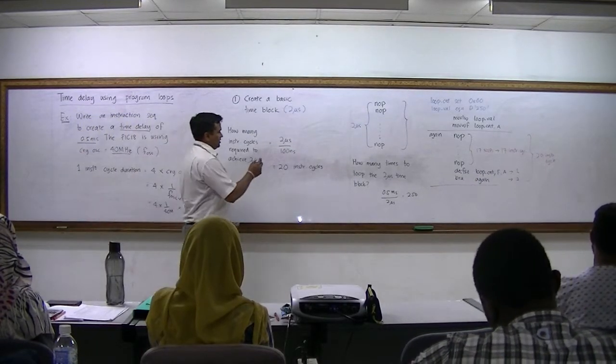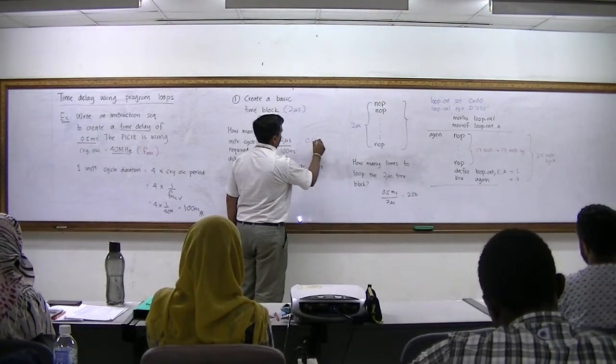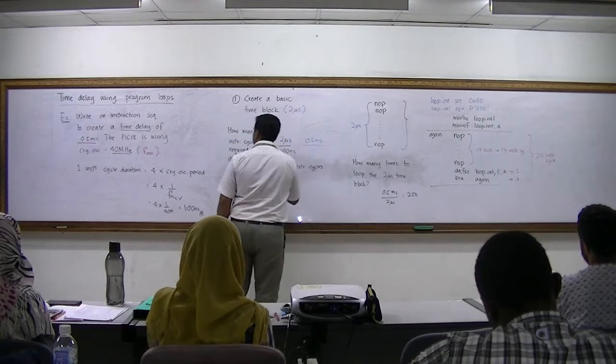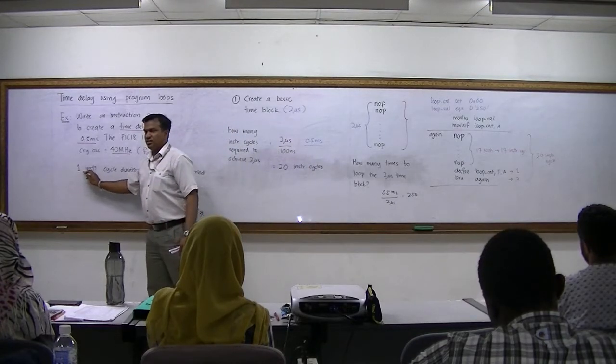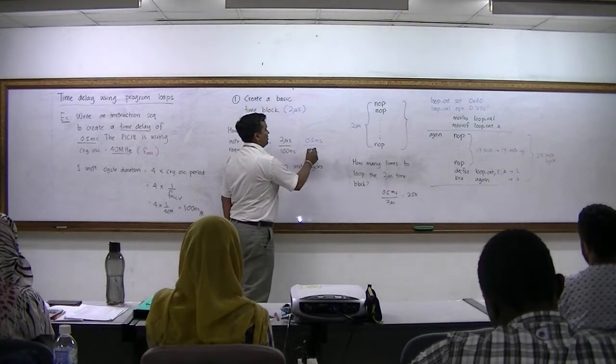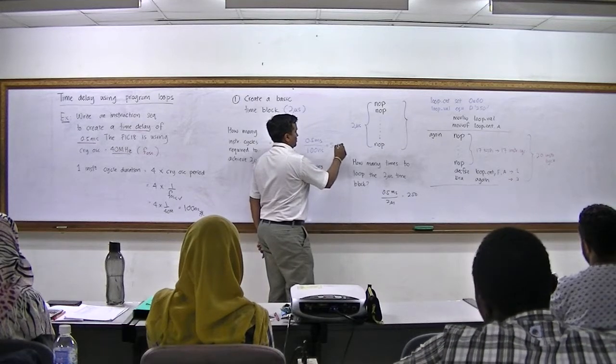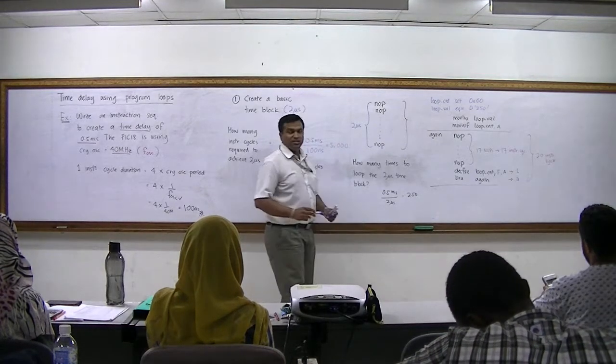Another one, if you use 0.5 millisecond, because at the end of the day we are actually dealing with one instruction cycle, right? We're interested in this. So he's asking why not straight away you divide this one, you get 5,000 instruction cycles.